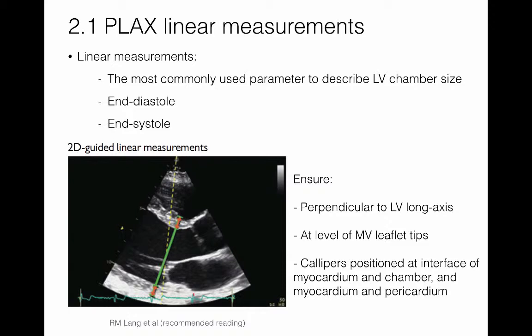It's very important to ensure that measurements are perpendicular to the long axis of the left ventricle, that measurements of left ventricular chamber diameter are made at the level of the mitral valve leaflet tips, and that the calipers are positioned at the interface of the myocardium and the chamber, and the myocardium and the pericardium.